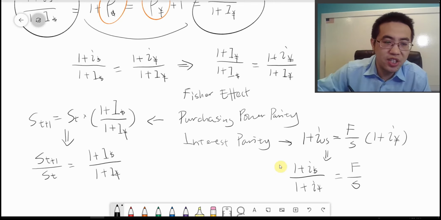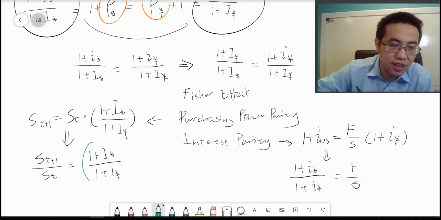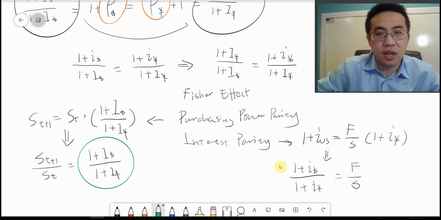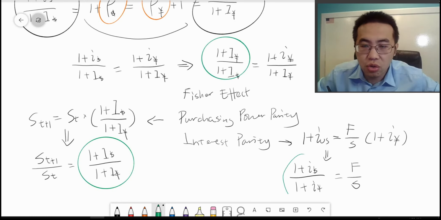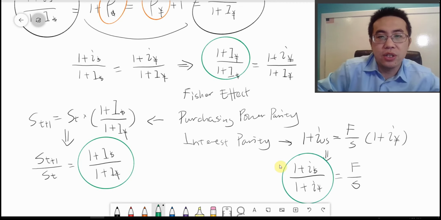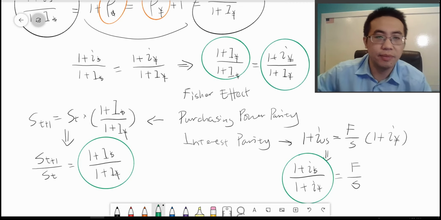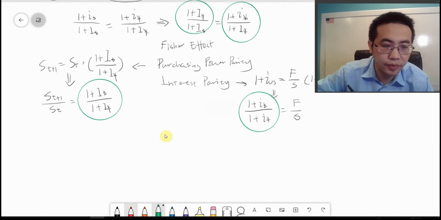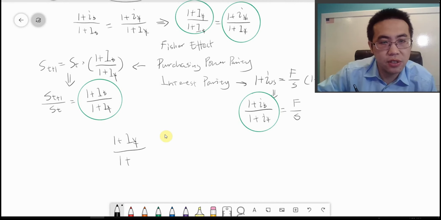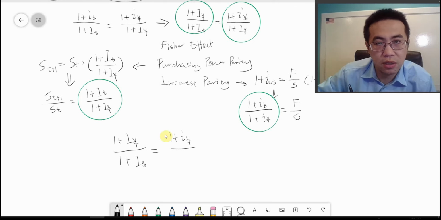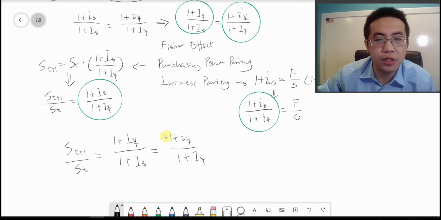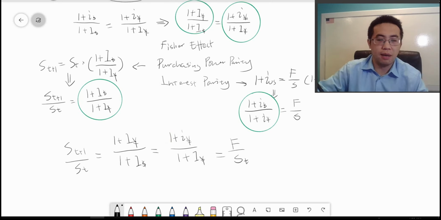All right, so we can see they share something in common. For example, the inflation ratios are mentioned here on the top, and the interest difference is mentioned on the top in the Fisher effect. So now we can put them all together: the inflation difference and the interest ratio, the spot rate ratio, and the forward over spot rate, where the spot rate is happening now.